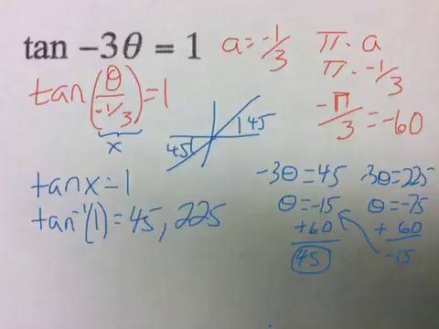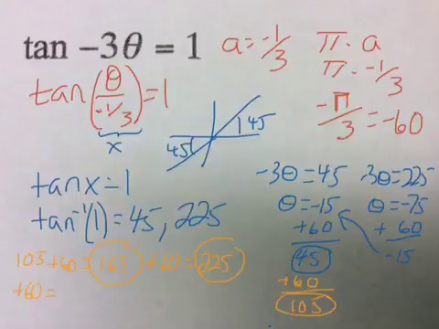So I'm going to add 60 again. So I get 105. Let's go over here. So I have 105. I'm going to add 60. So I get 165. Add 60. And I get 225. And I add 60.